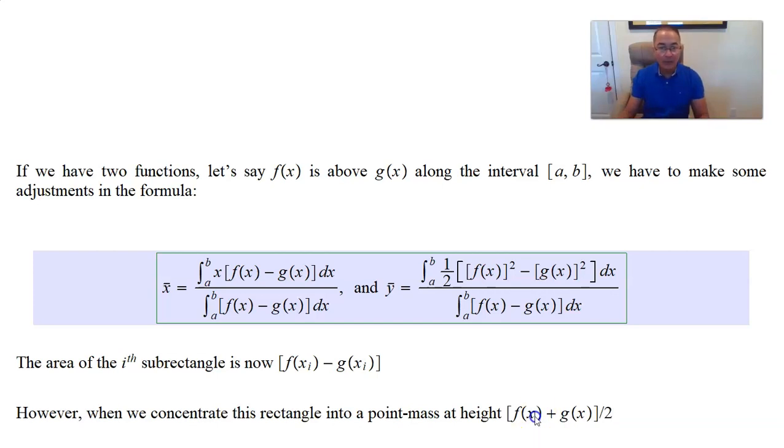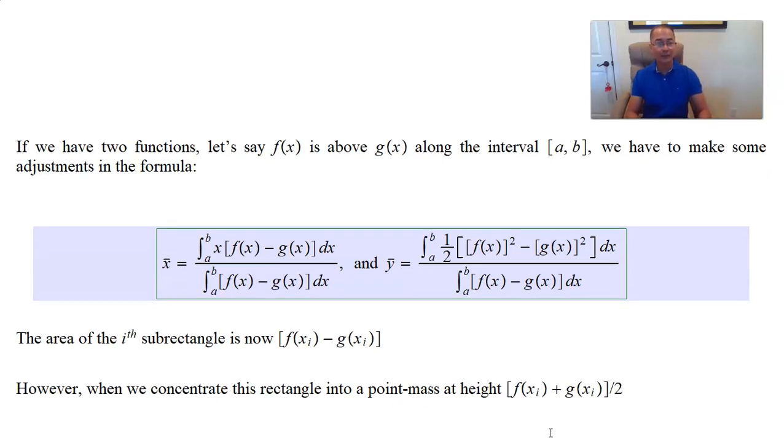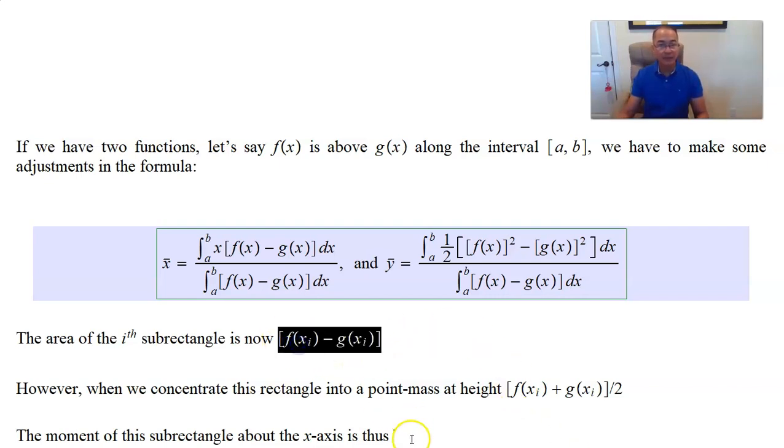Okay, so the location of that centroid is now at f of xi plus g of xi divided by 2. Average location.